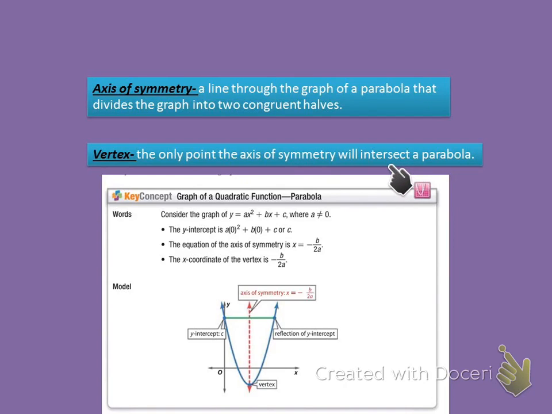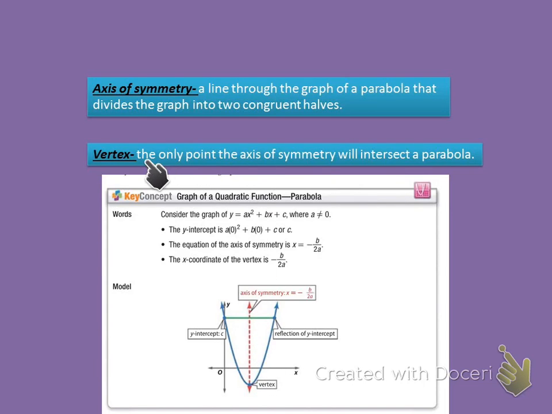Now, this is a little long-winded, so stay with me here. Your axis of symmetry, which is down here on this example, goes through the what of the graph? Starts with an M. The middle. The axis of symmetry goes through the middle.